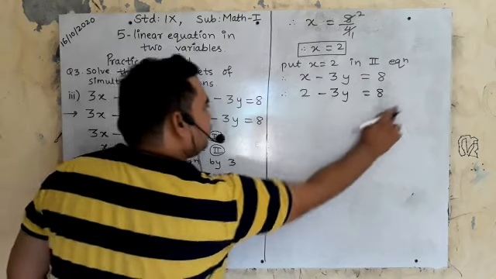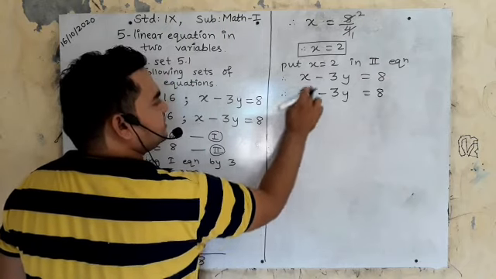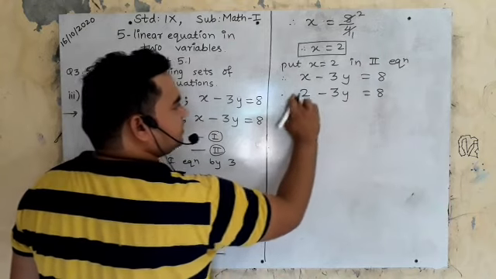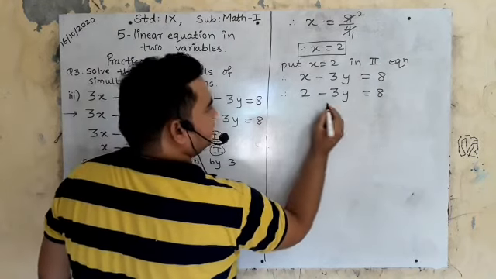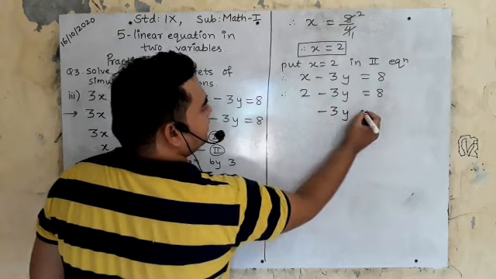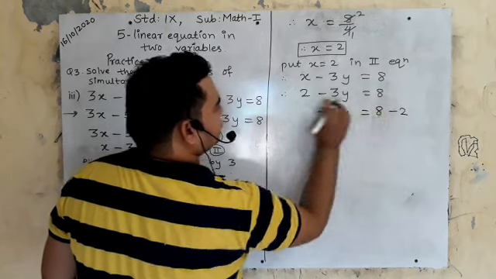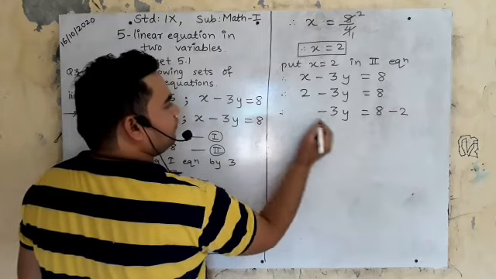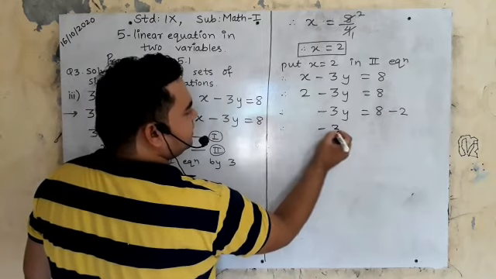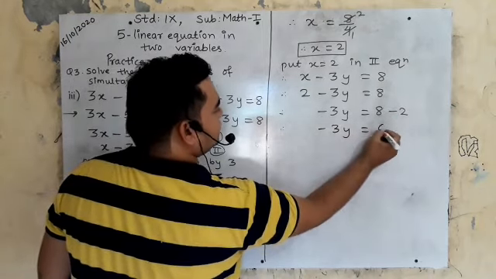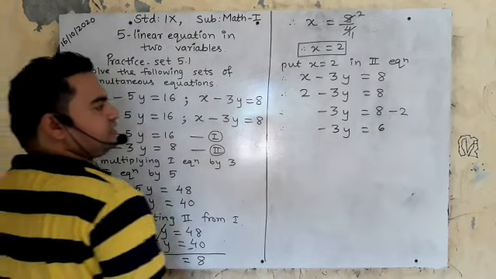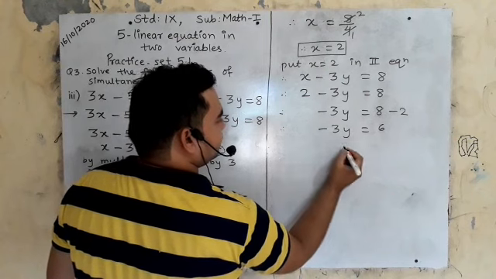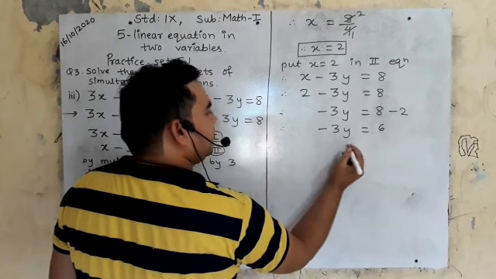Now this 2 will go there first, because this is the constant term, so this number will go to the constant side. Minus 3y will be here, and 8 minus 2, since 8 was there. So this 2 will go to that side. Therefore, minus 3y is equal to 6. 8 minus 2 is 6. Now this minus 3 will divide, because it is minus 3 multiplied by y.